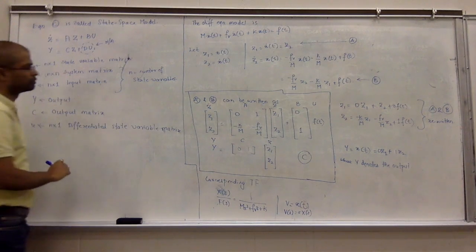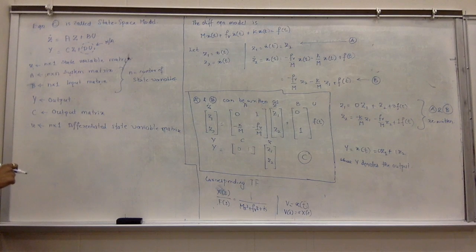Okay. So what is the number of state variables here? For a system, the rule of thumb we'll follow is order of system is equal to number of state variables. Got it? So what is the order of the system here? It's a second order system, so the number of state variables will be 2.